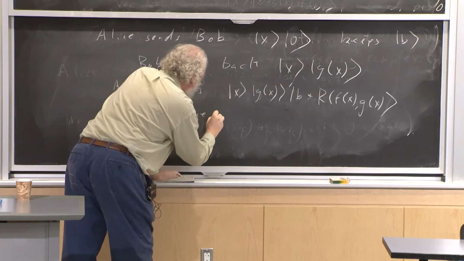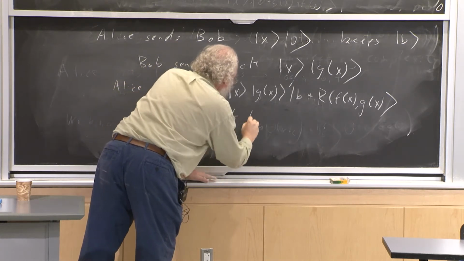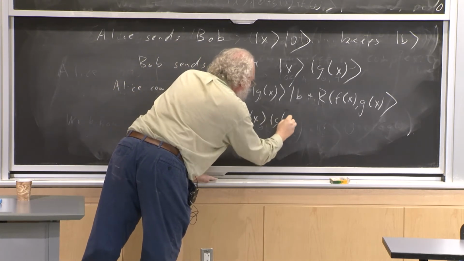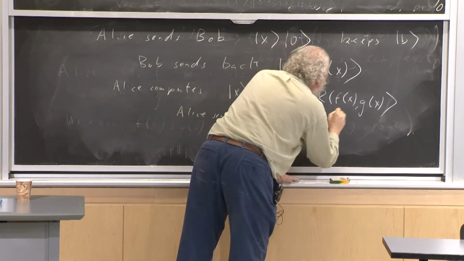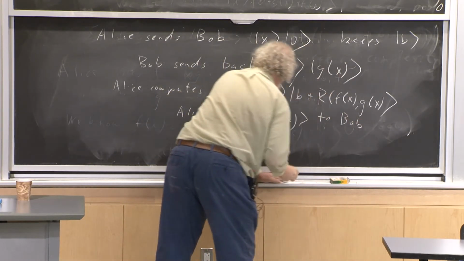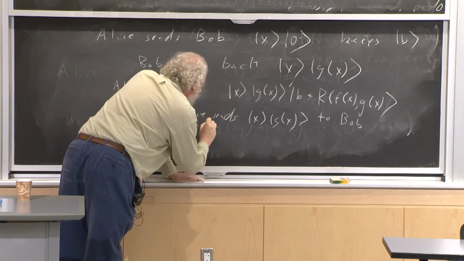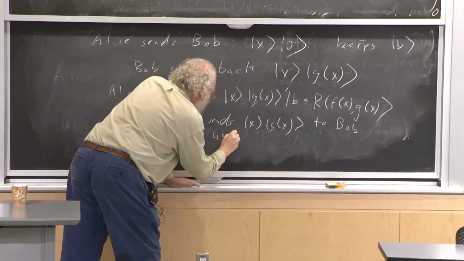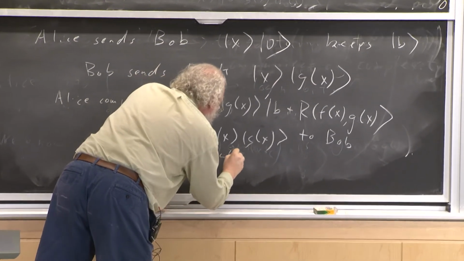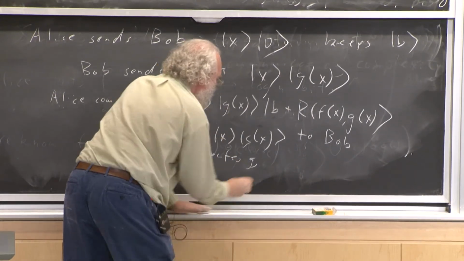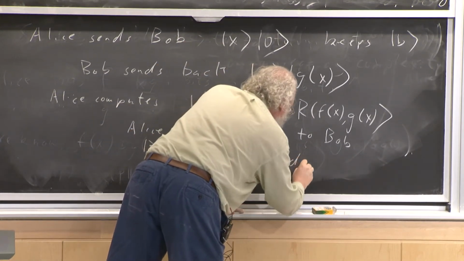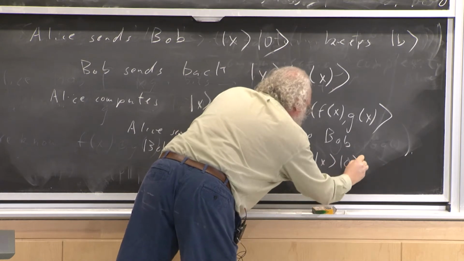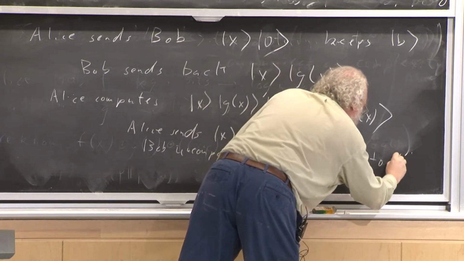Alice sends x, g of x to Bob. Bob uncomputes g. Sends x, 0 to Alice.